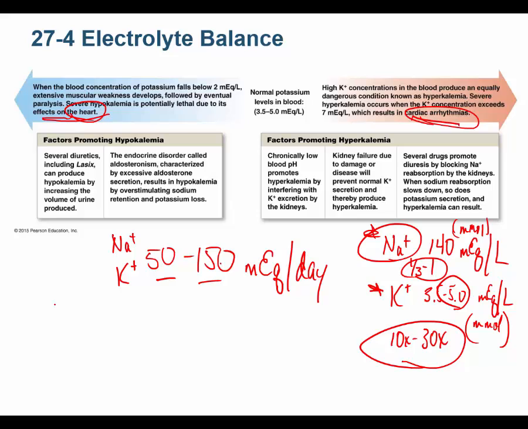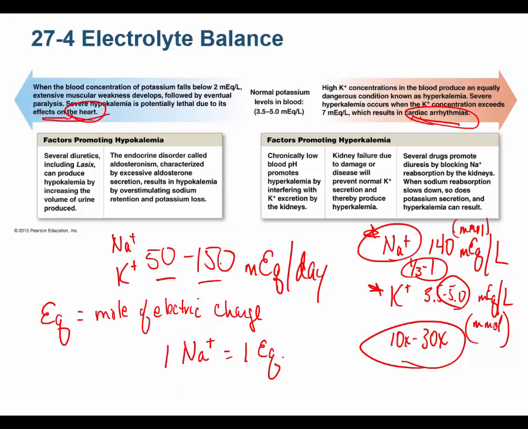All right, what the heck is this equivalent anyway? An equivalent equals a mole of electric charge. That's what it equals, a mole of electric charge. All right. So 1 mole of sodium equals 1 equivalent of sodium. Why?